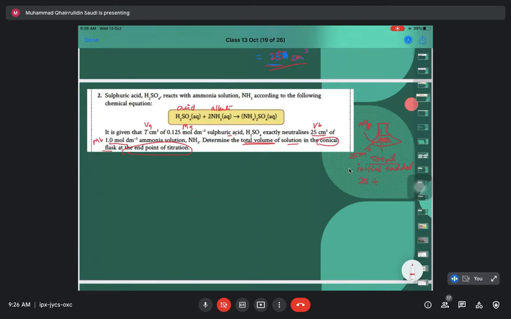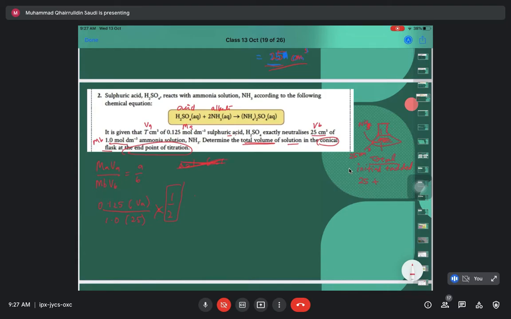So to calculate the acid added, we still use the same formula, A over B. All of these are the same formula because this is all neutralization. Okay, 0.125 times Va equals to 1.0 times 25 over 1 over 2. Usually many students get this part wrong because they think all A are 1 and B are 1. No, it does not necessarily be like that.